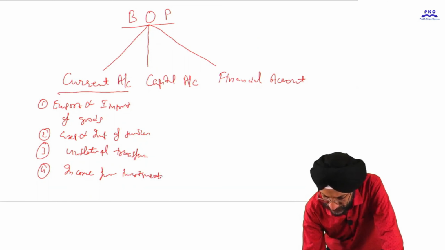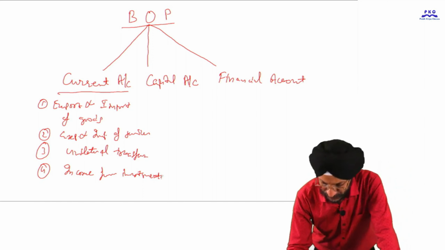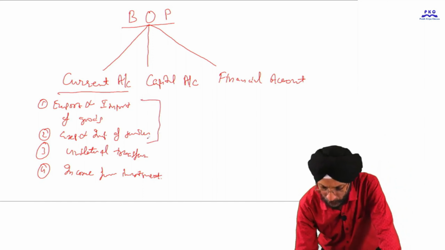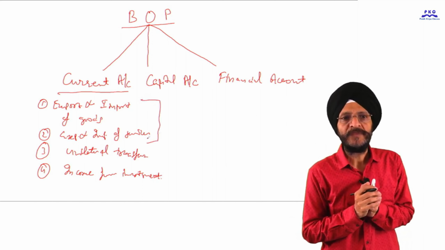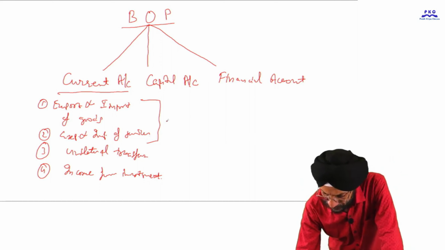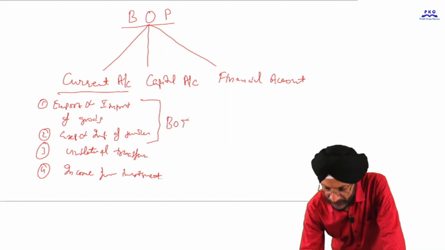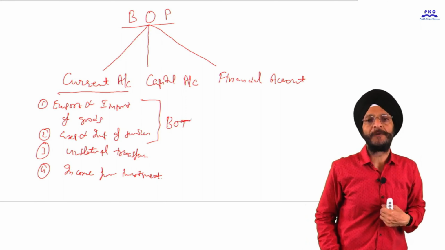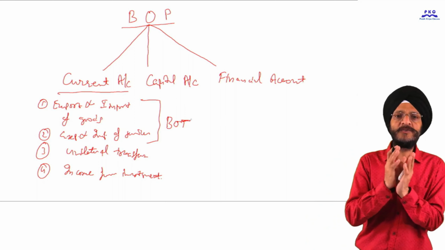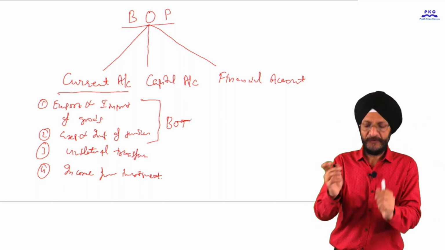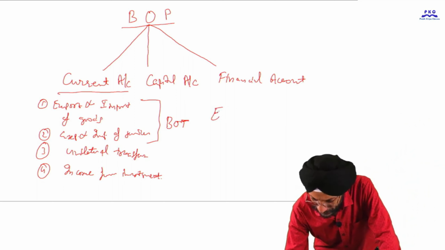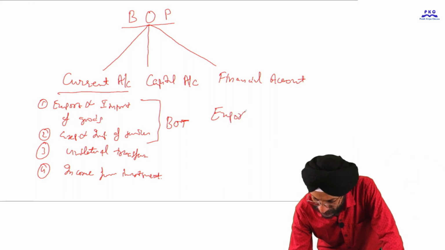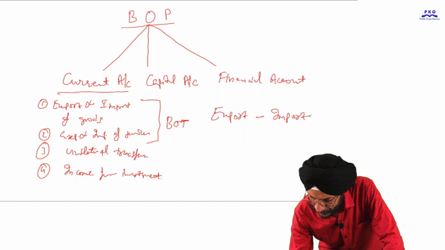Now, these two, export and import of goods and export and import of services, are related with the concept of balance of trade. That is, balance of trade is the difference between export and import.